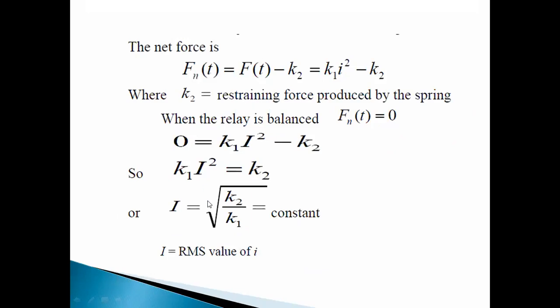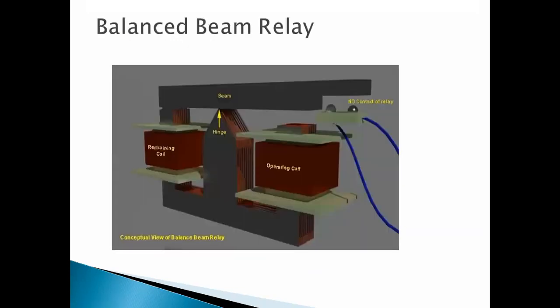Then we are getting the constants k1 and k2 here. Or we can write the equation for current I as square root of k2 divided by k1, which is equal to a constant.